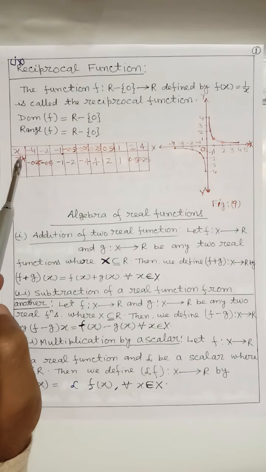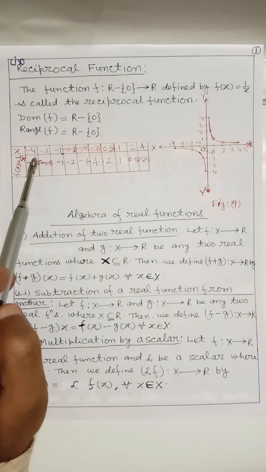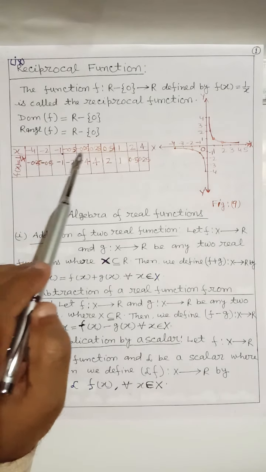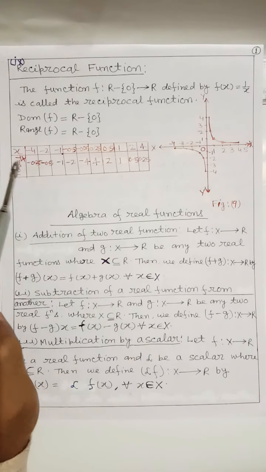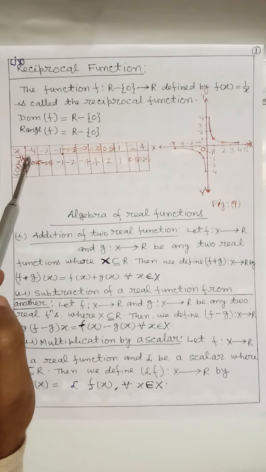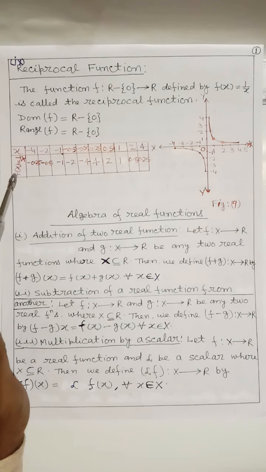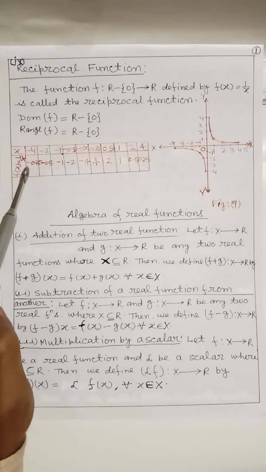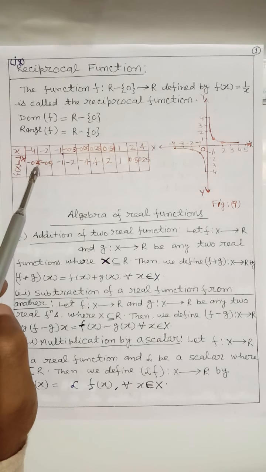Here we may prepare its table given below. Taking the values of x, find the corresponding value of f(x) equal to 1 by x. As x equal to minus 4, corresponding f(x) equal to minus 0.25.